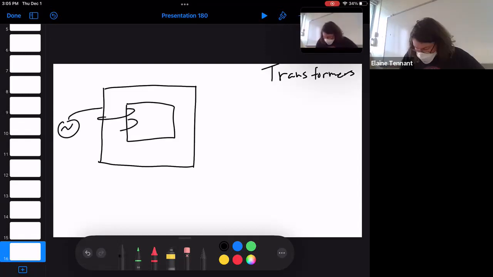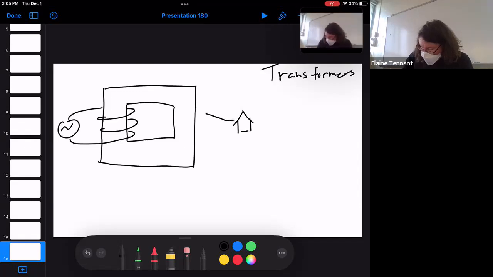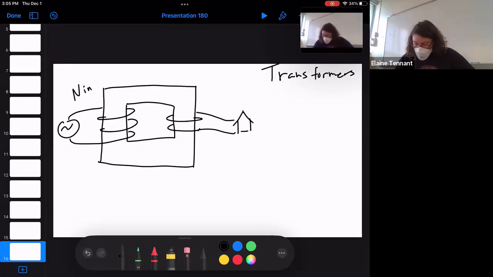And let's talk about how that happens. So I have a source that has a coil of wire around this rectangular thing, which is just a big hunk of metal. I have my house or whatever hooked up to the other end, where I have a number of turns going in, so how many coils of wire I have, and a number of turns going out.